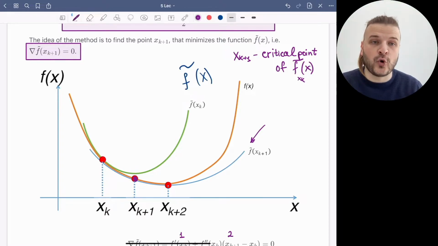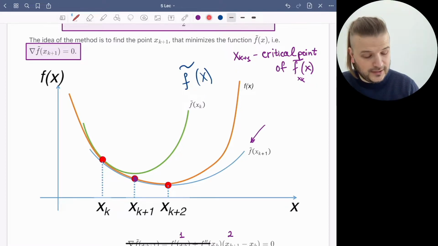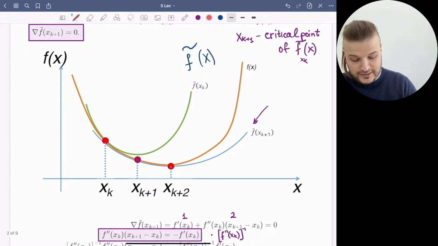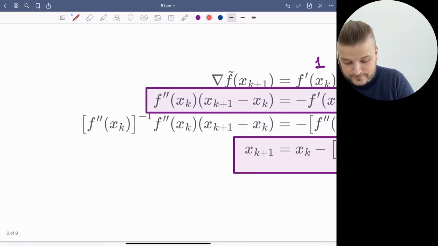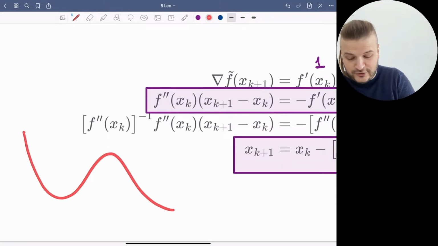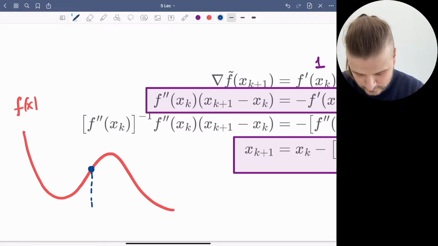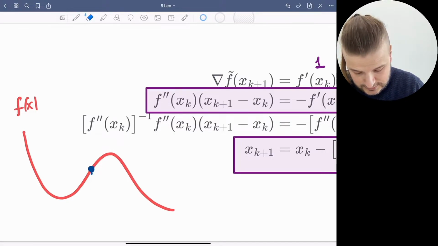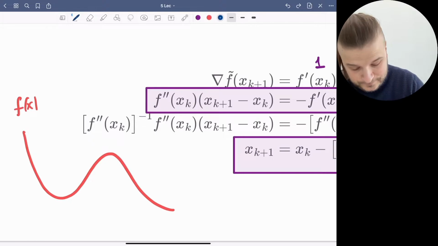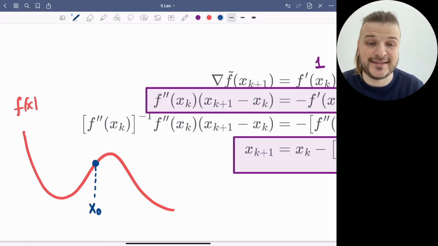And the obvious problem here is that if your function, for example, is not convex, let's imagine it will be something like this. That's your function. And let's say you are starting from this point, or even closer to the maximum here, at this point, that's your starting point x0.